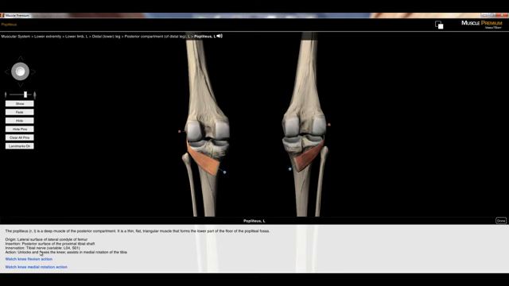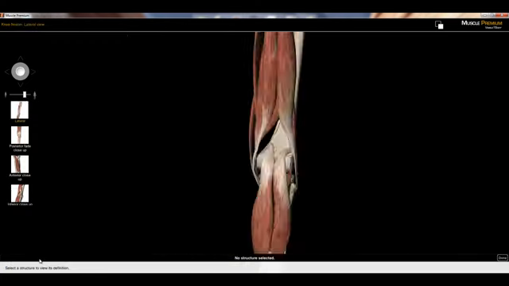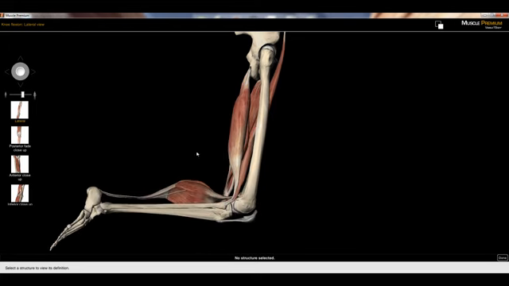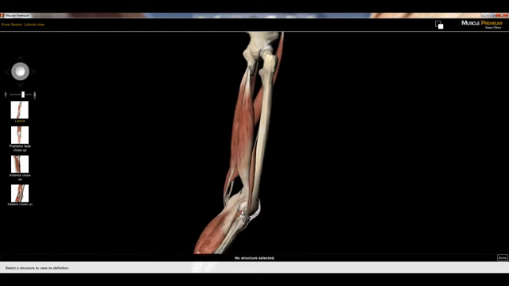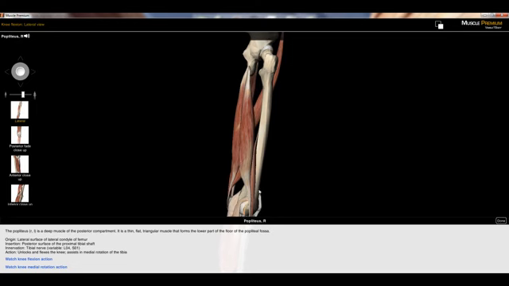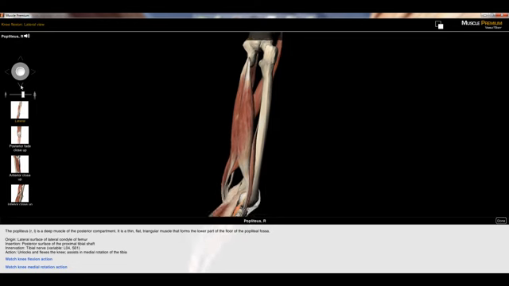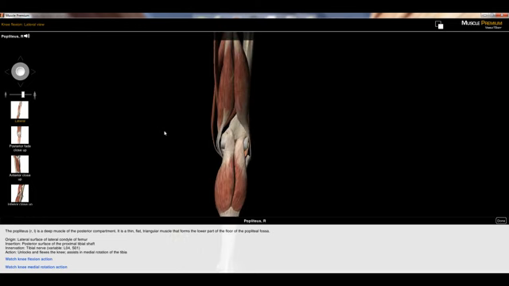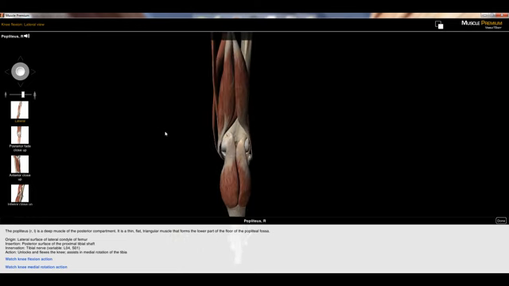So when I look at that flexion, we can see the popliteus functioning to internally rotate the tibia, which thereby unlocks the knee and initiates that knee flexion.